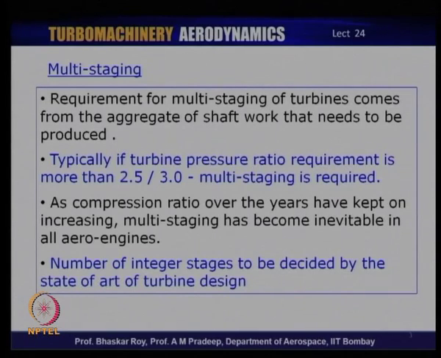In the following stages they may not be cooled, in which case they may do lesser pressure ratio or pressure drop and work done. So, the split between the stages would have to be decided, and integer numbers of stages would have to be decided upon, so that you have 1 or 2 or 3 stages in which the total amount of work is accomplished. So, this is how multi-staging is typically resorted to.